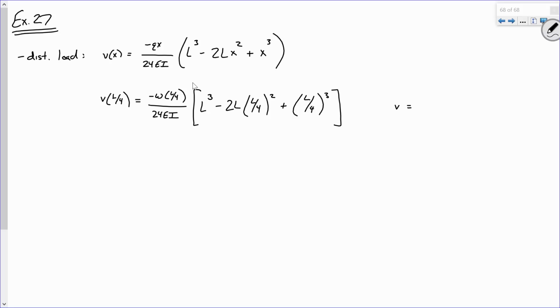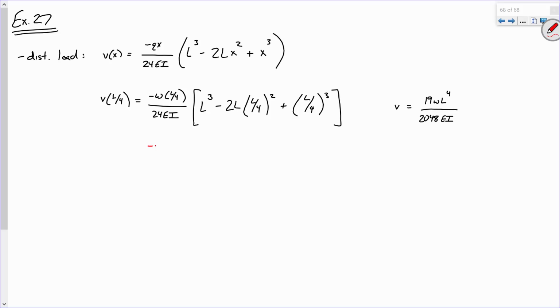I know it seems kind of nasty, but it ends up being 19 WL to the fourth over 2048 EI. And you're like, whoa, that's a fraction. I understand. Here's where that's coming from.